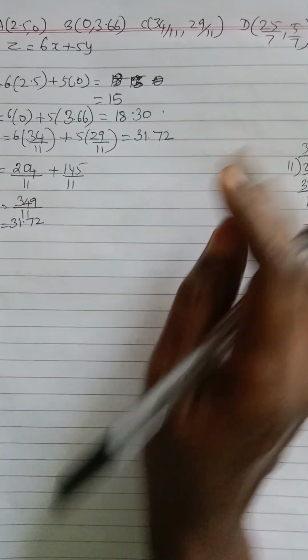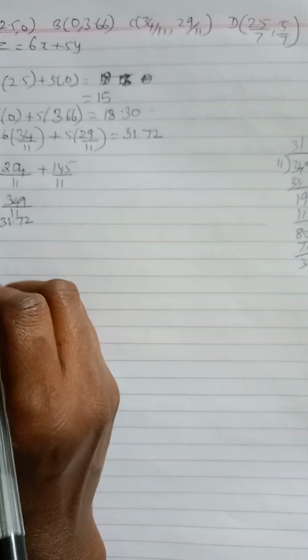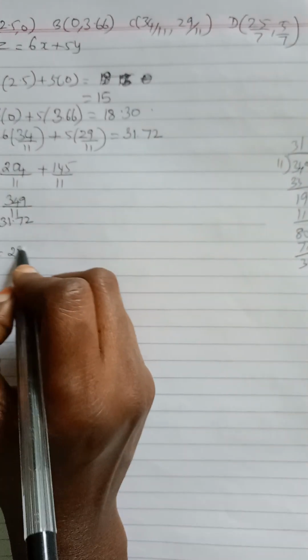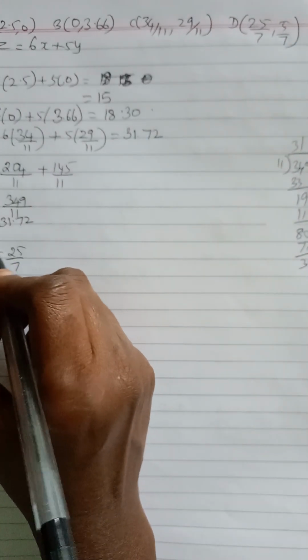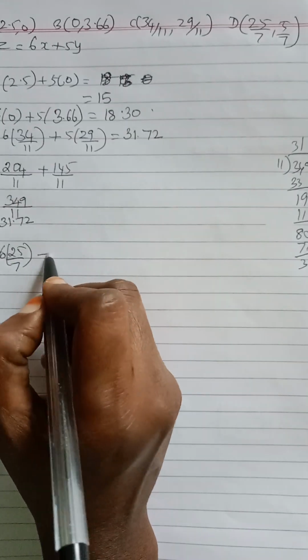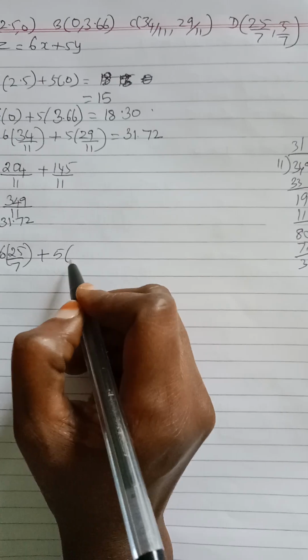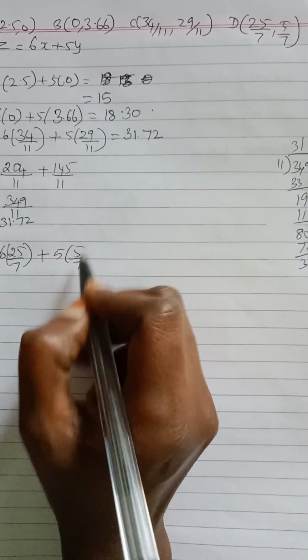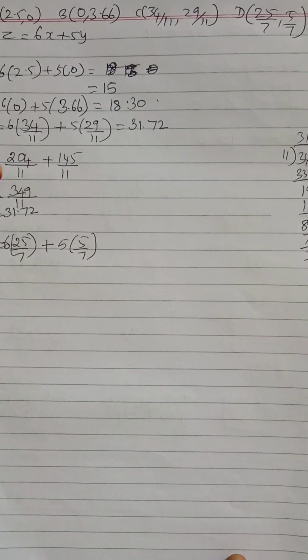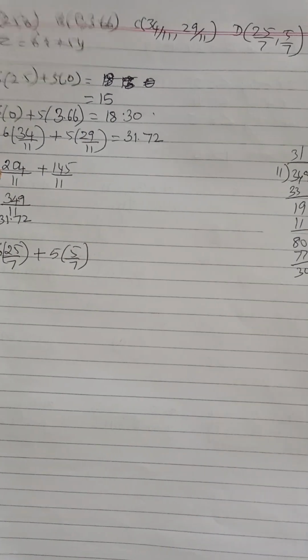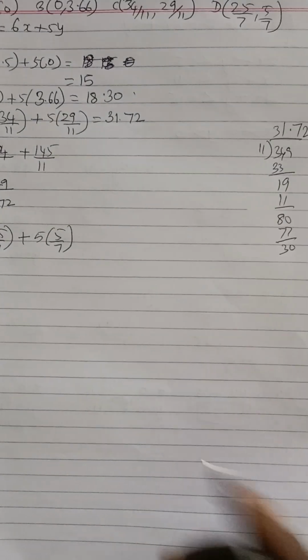Now Z of D. What is D value? D value will be 25 by 7. That is 6 into 25 by 7 plus 5 into 5 by 7. So 6 into 25 will be 150.